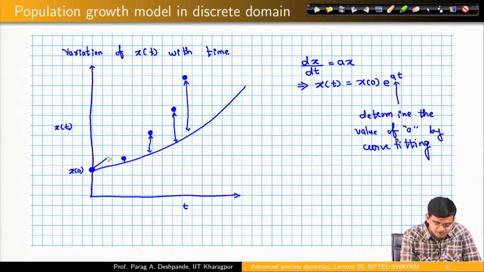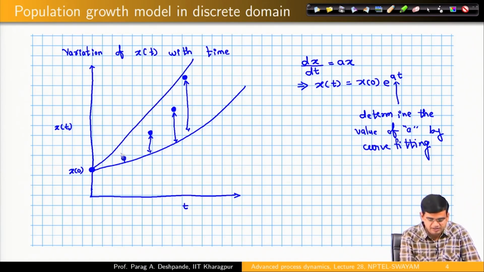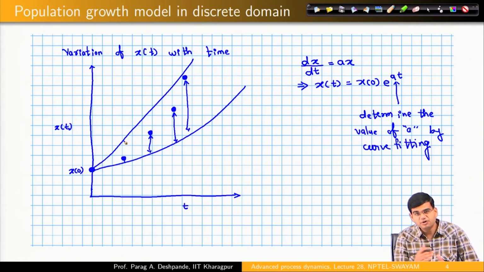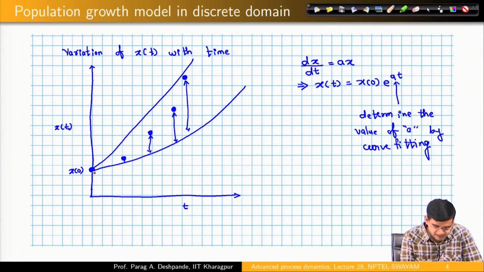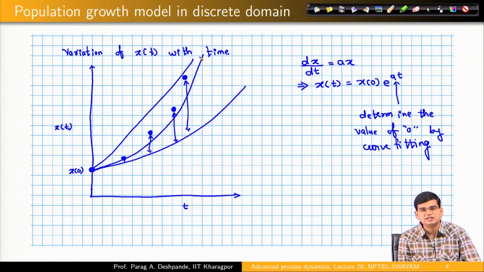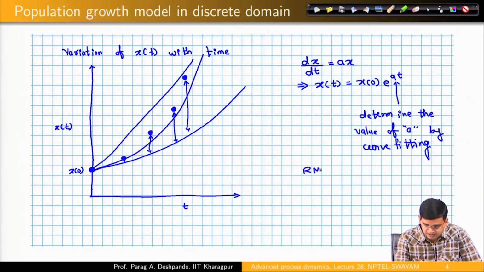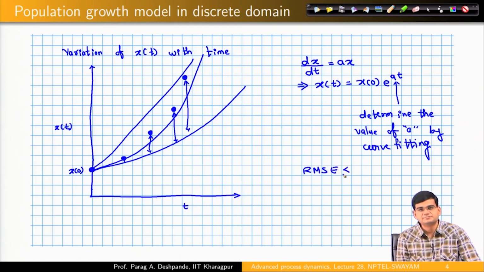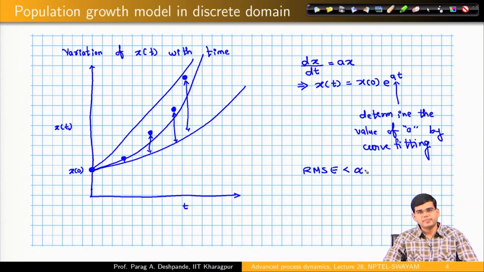Let us say you now get a quantity like this, you will repeat the procedure, you will keep on doing this change of a till you get a curve which satisfies the condition that the root mean squared error is less than some number alpha which you specify to the system, right.